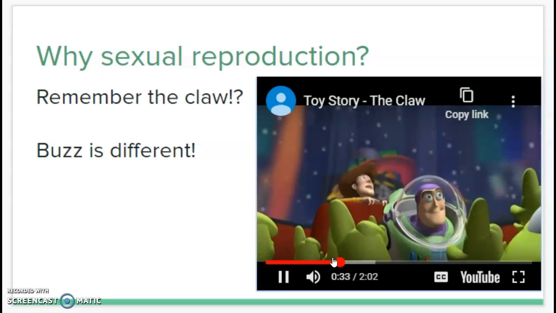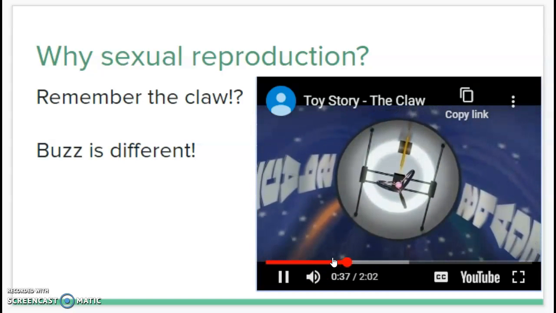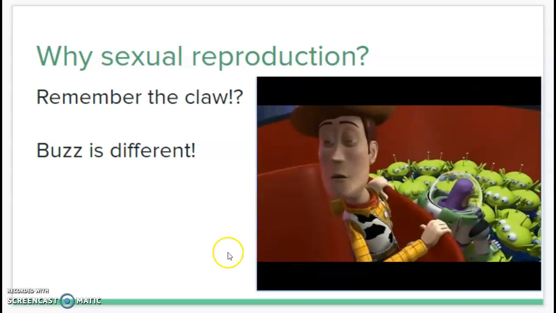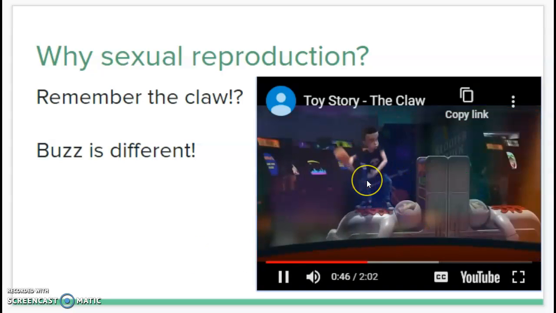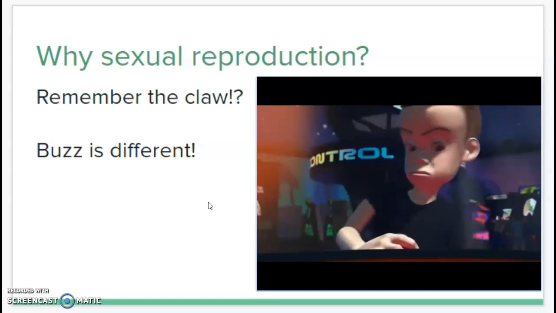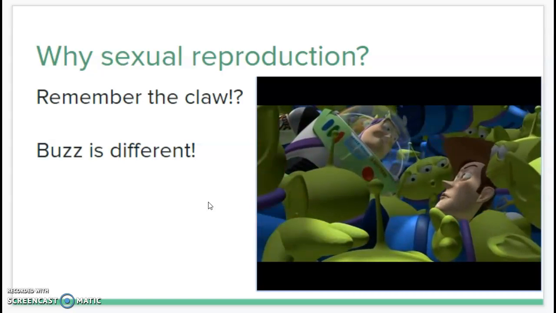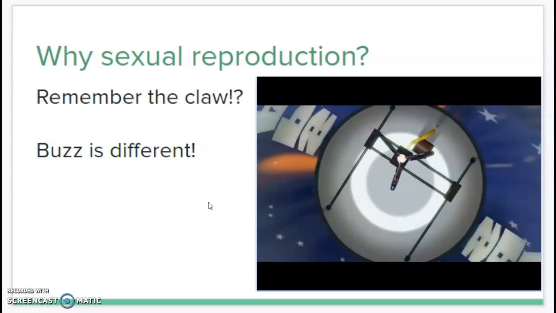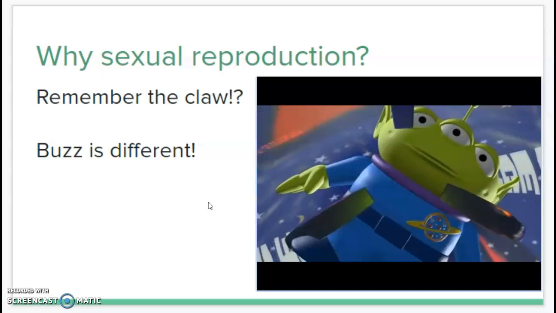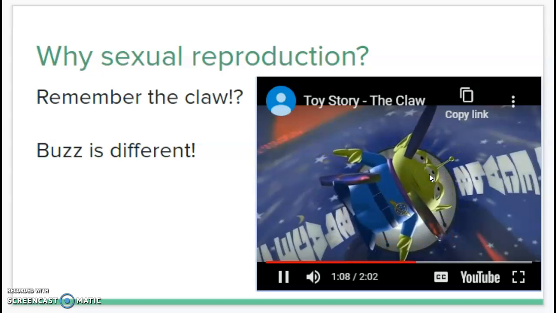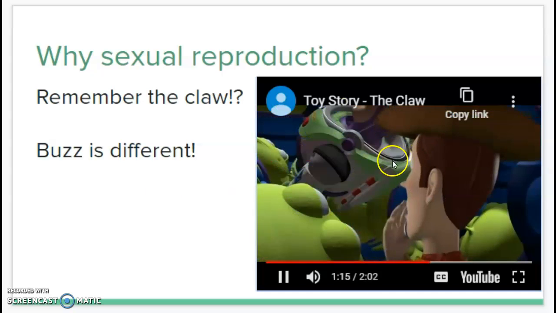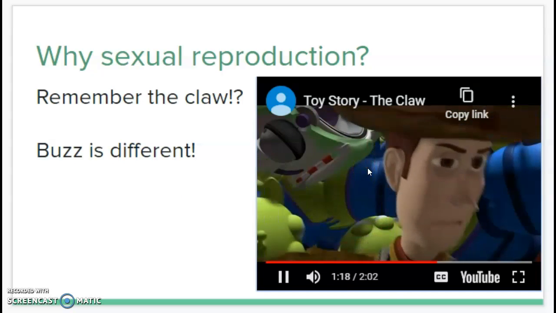Buzz goes into the toy machine with all the aliens, and you see how the claw is going to choose the toy, and when Sid, I believe his name is, comes to play, so first he picks the alien, and then he notices a Buzz Lightyear, which he wants to pick because it's different than all the rest, right?